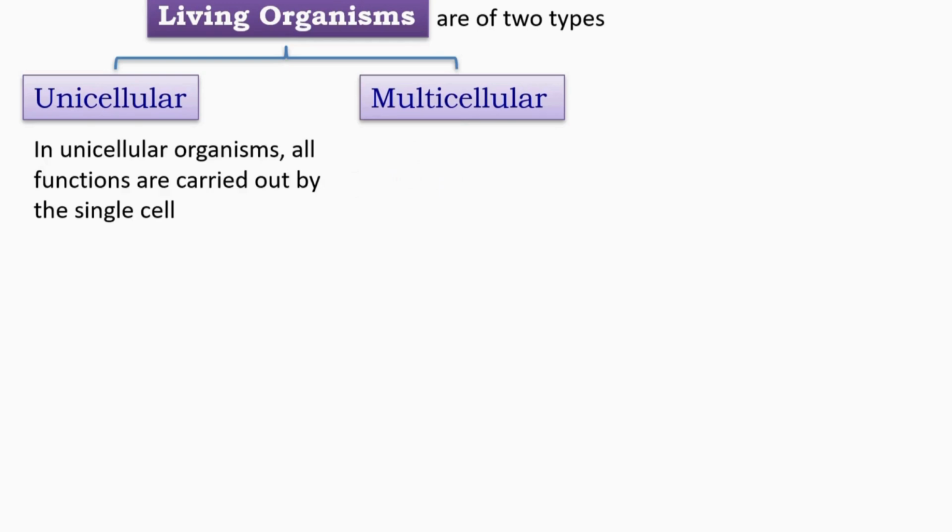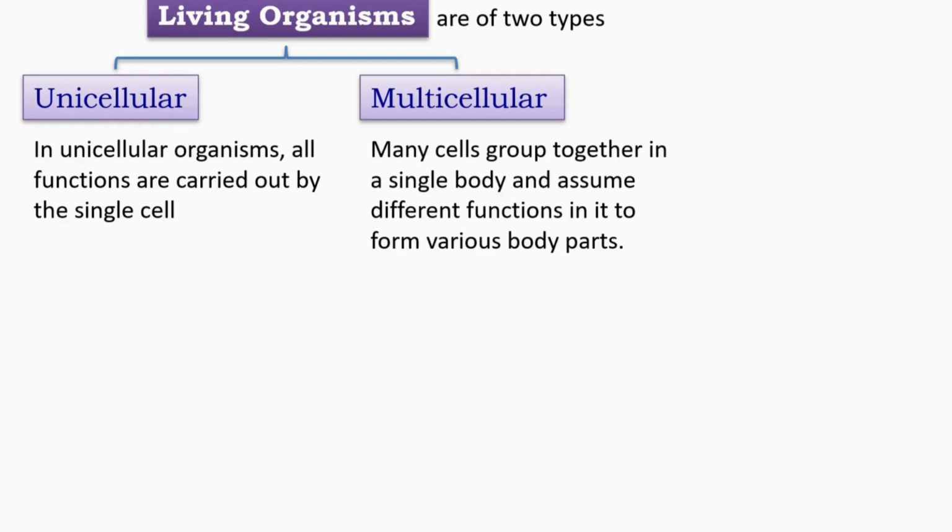In unicellular organisms, all functions are carried out by the single cell. In multicellular, many cells group together in a single body and assume different functions in it to form various body parts.